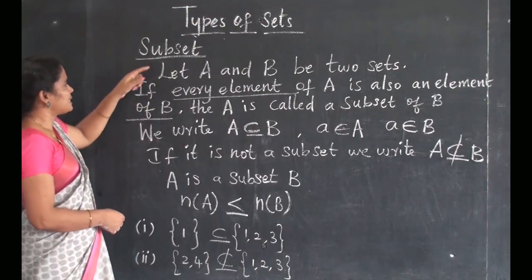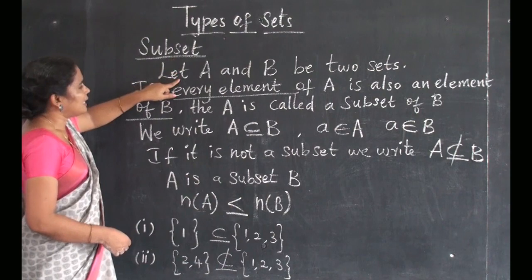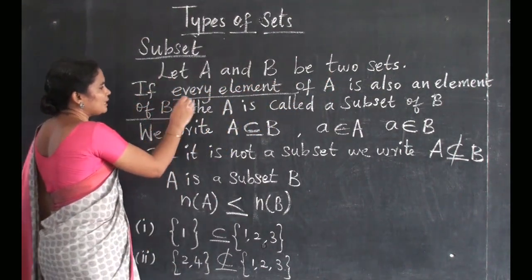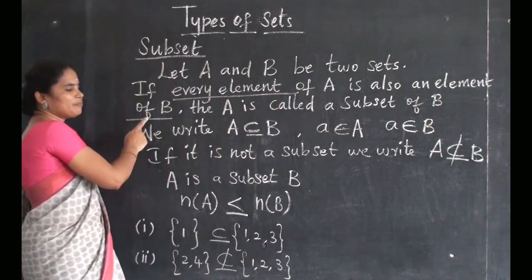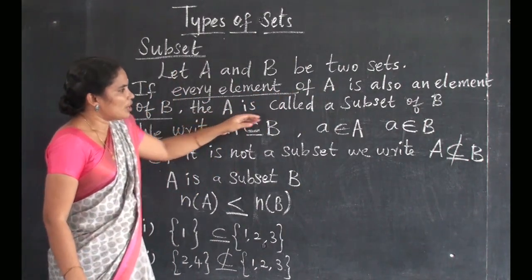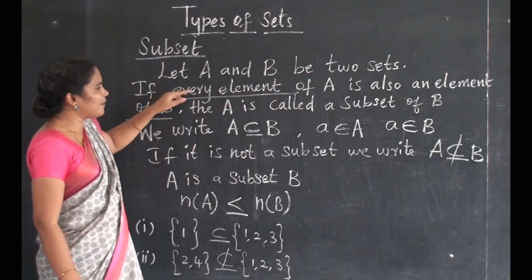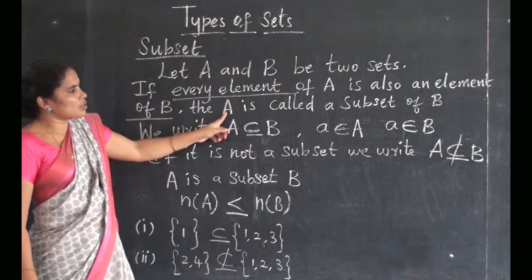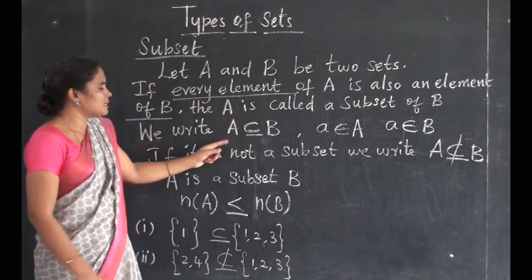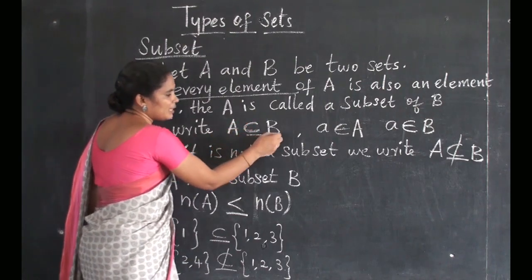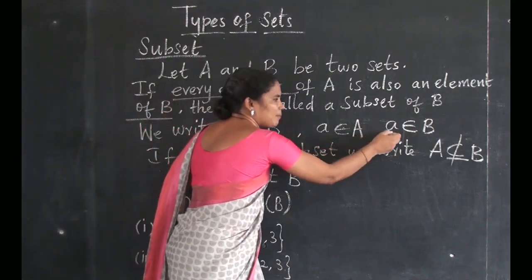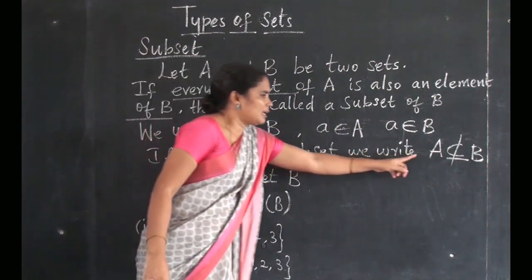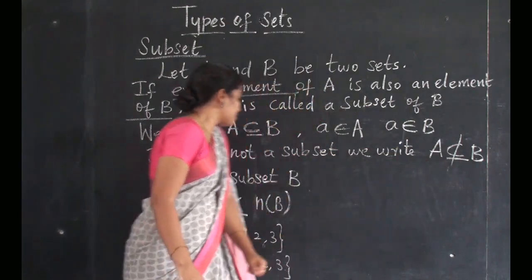Now let us move on to subset. Let A and B be two sets. If every element of A is also an element of B, then A is called a subset of B. Keep in mind that every element of A is also an element of B. We write A ⊆ B. If it is not a subset, we write A ⊄ B. Okay?